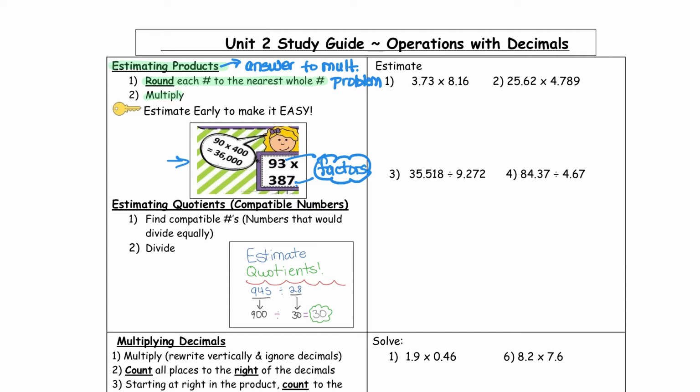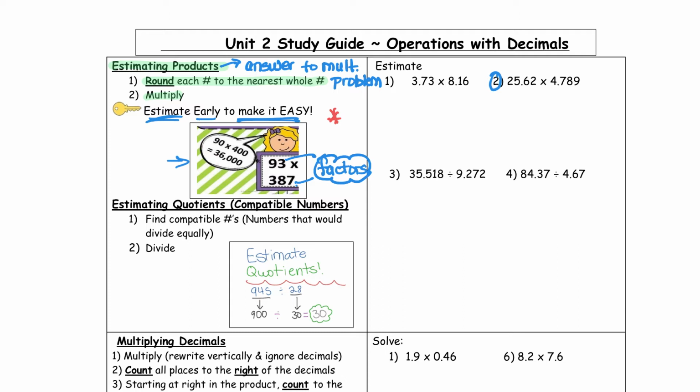So we're going to look at problem number 2. We're going to round each number to the nearest whole number and multiply. And remember, we estimate early to make it easier. One of the biggest problems that I see is that boys and girls are not rounding the numbers first.